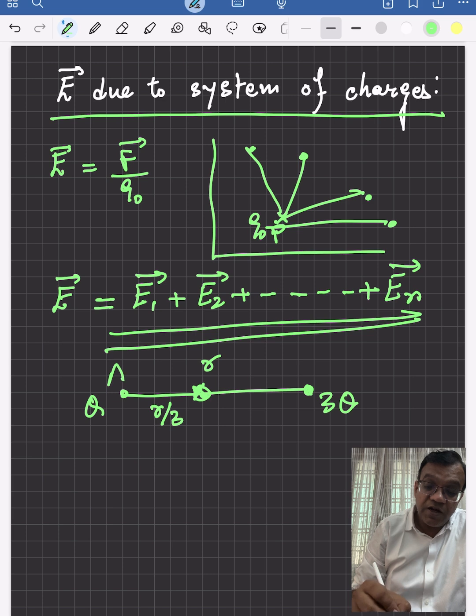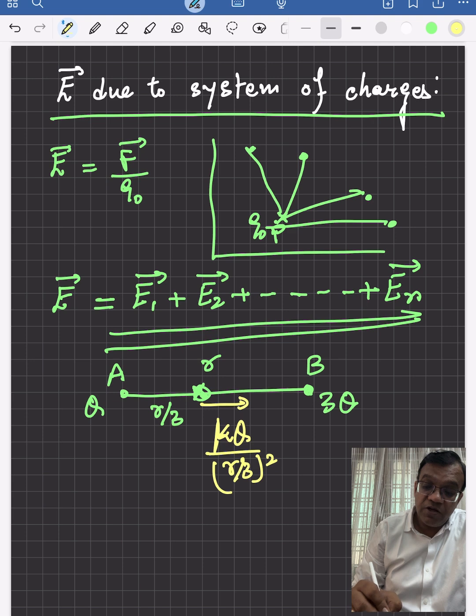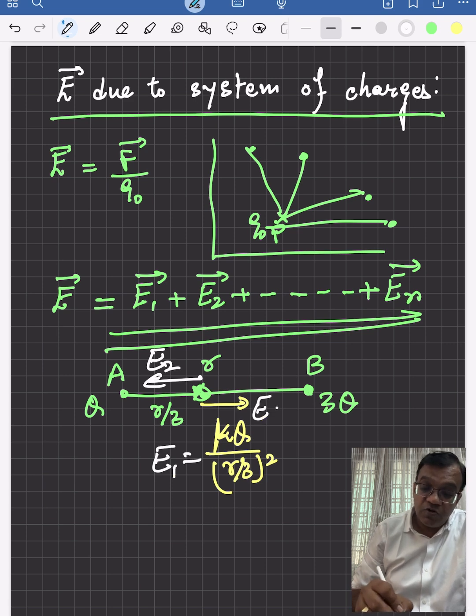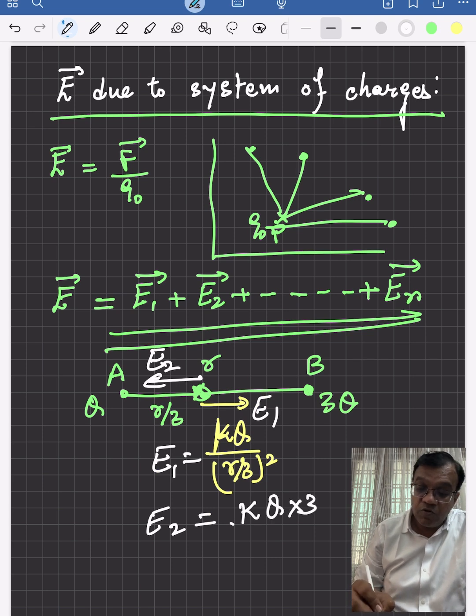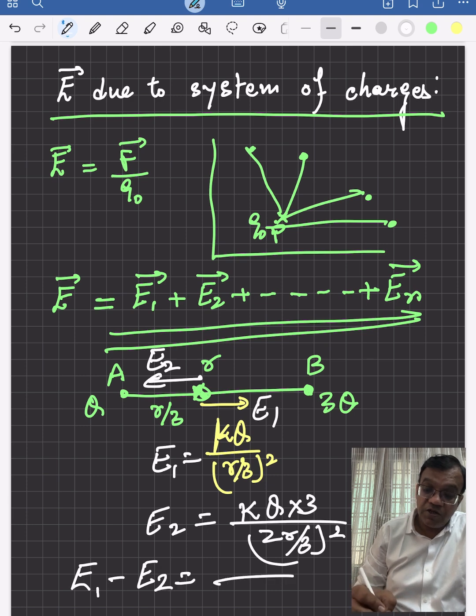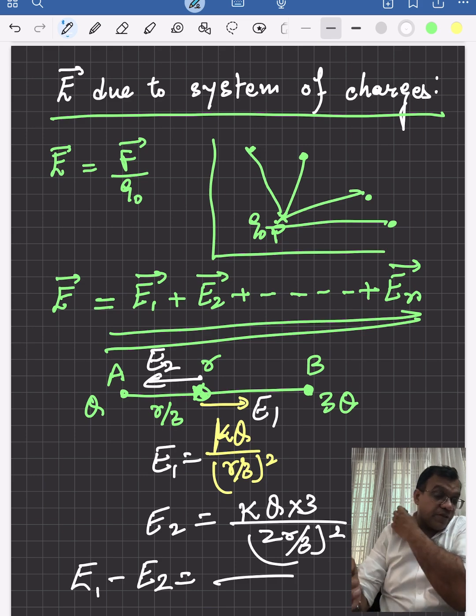First you find the electric field intensity due to the charge placed at A, which will come out to be in this direction, away from the charge because it is positive, kq upon r by 3 whole square. And due to 3q, the field will come in this direction, E2, and E2 will come out to be k3q upon 2r by 3 whole square. Since E1 and E2 are in opposite directions, the net field will be E1 minus E2. This way you can solve, right?